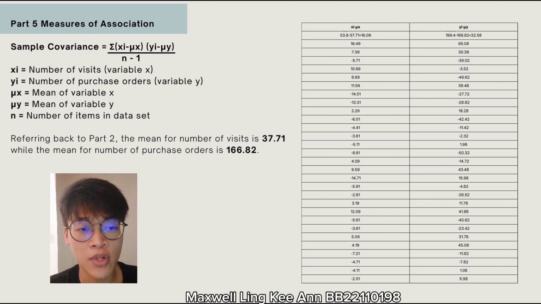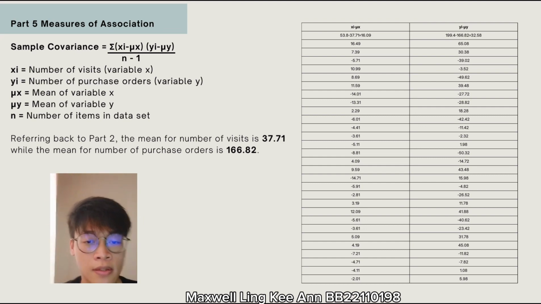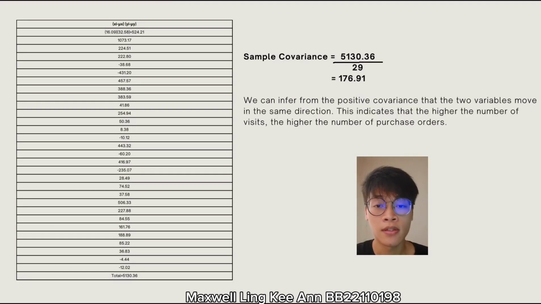Once the mean is subtracted, the data from both of these columns will be multiplied together and summed so that we can calculate the sample covariance. Once the data has been multiplied together and summed up, we get a total of 5130.36.